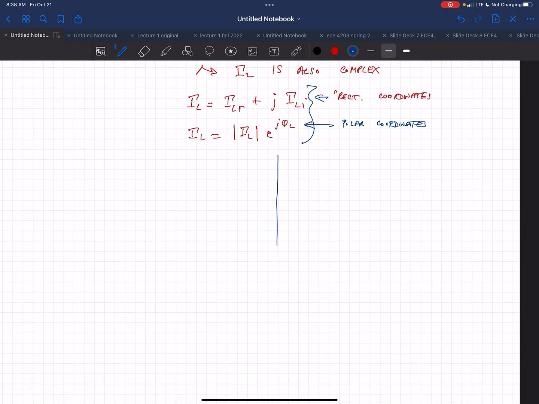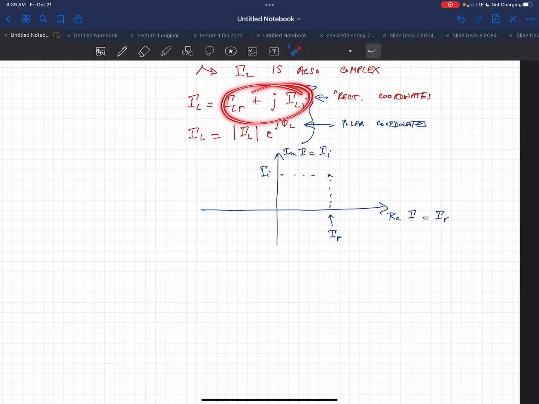If I'm in the complex plane and I have the real part of gamma, gamma sub r, and the imaginary part, gamma sub I, and I have a point somewhere, I can write it like this.